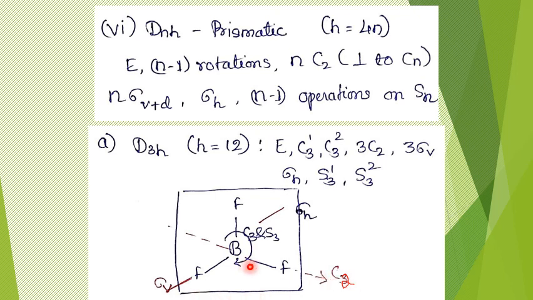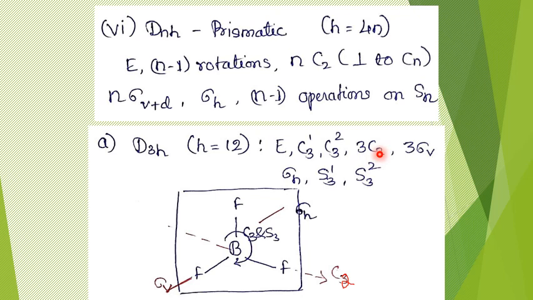If I rotate the molecule on this BF bond axis, this F comes to this position, and this F comes to this position. Similarly, each BF bond can serve as a C2 axis. So we have identity, the principal axis and three perpendicular C2s, so that takes the molecule to D.